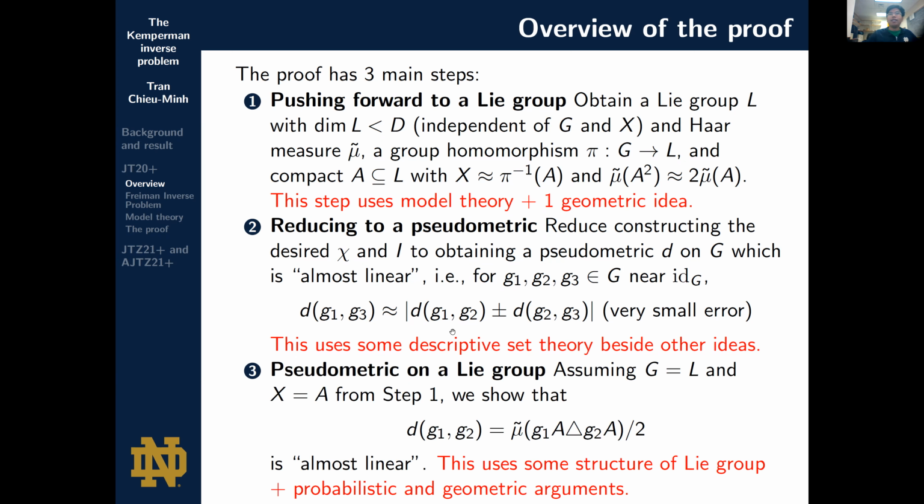And in step 2, you want to reduce the problem to constructing a pseudometric with a certain suitable property. And then in step 3, you leverage the structure of the fact that we are handling a Lie group, to show that if you look at the symmetric difference between translations of the set A, this gives a pseudometric that satisfies the behavior that we want.